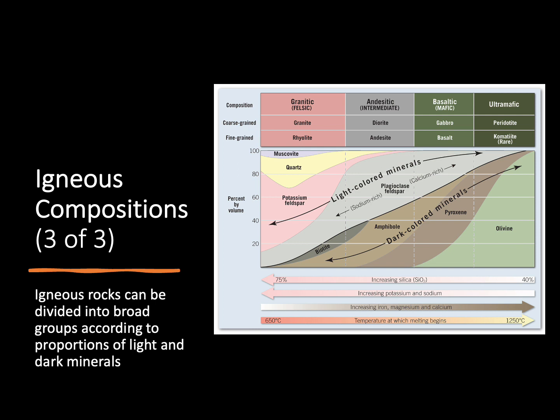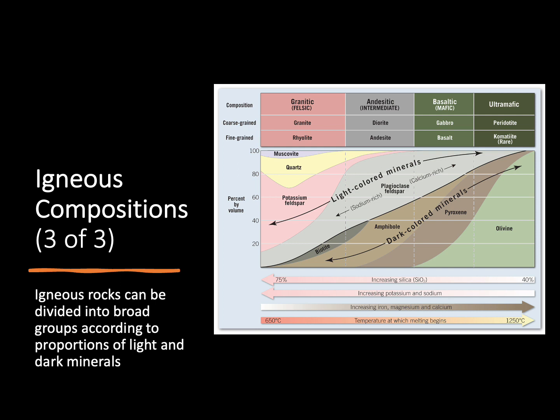It's intermediate. But our 4th type is called ultramafic. And these are incredibly dense rocks because they're made out of almost entirely iron and magnesium, those really heavy metals. But with these ultramafic rocks, they're kind of weird because instead of being light or dark in color, they're green.